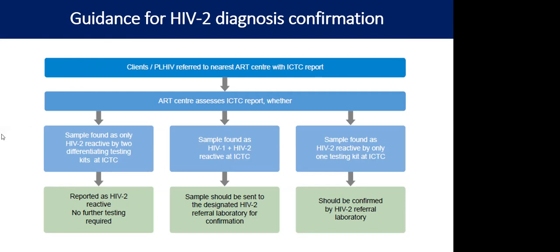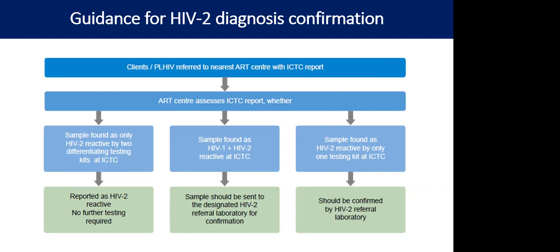What does it say? If it says that the sample is found to be only HIV-2 reactive by 2 differentiating test kits at the ICTC, you know that the boxes are there. They mention the name of the test kit, the batch number, and the result of the test strategy.